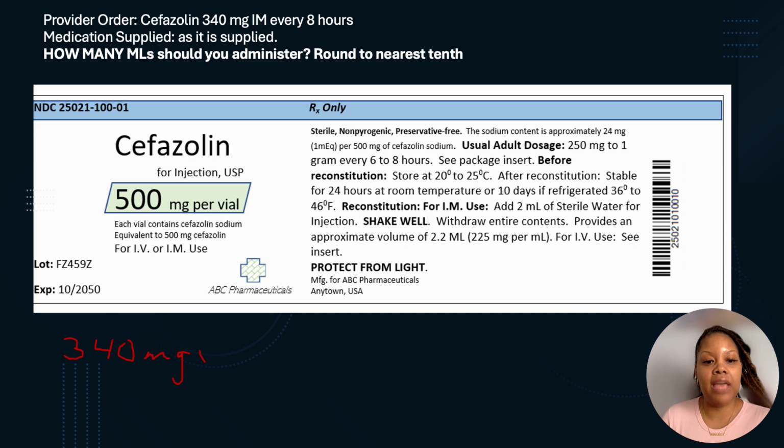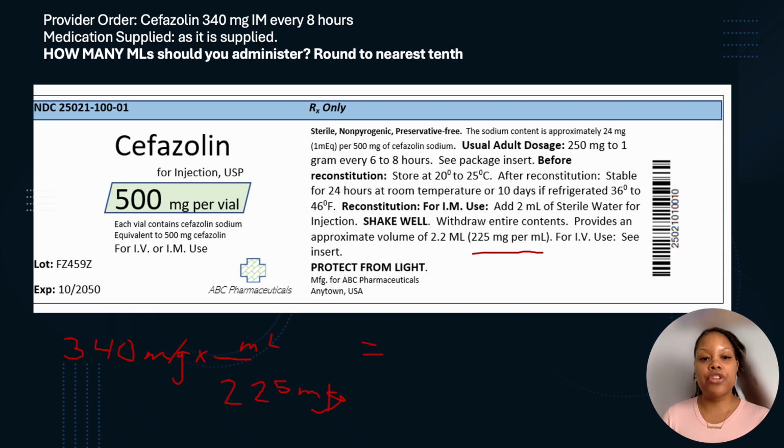This is the same label from the last problem, so we know that there is 225 mgs per ml. So we're going to put 225 mgs, and then ml is going to go on top. So our mgs is going to cancel out, and we're going to be left with mLs.